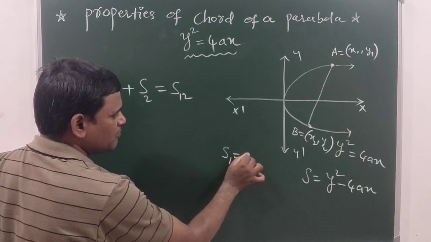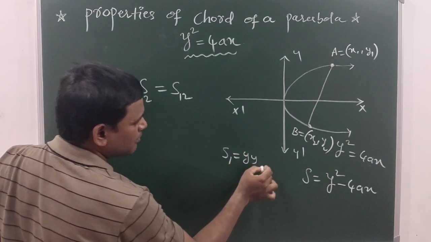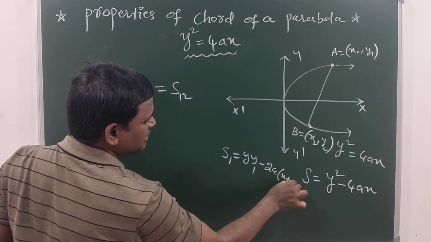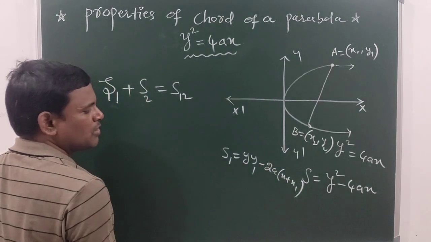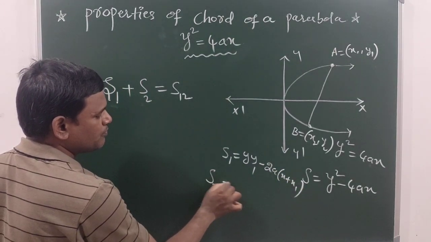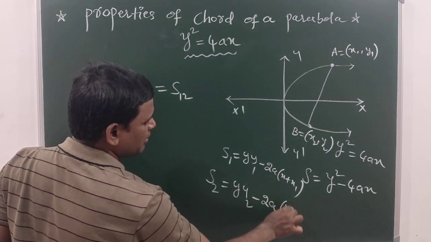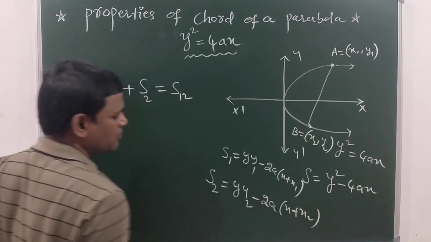Next, S1 is y1 minus 2a of x plus x1. What is S2? y2 minus 2a of x plus x2.